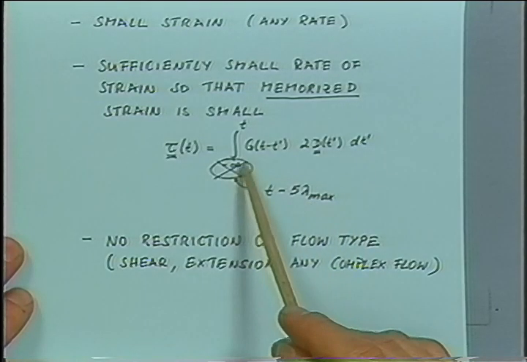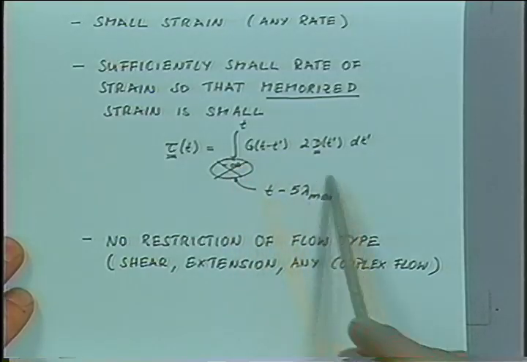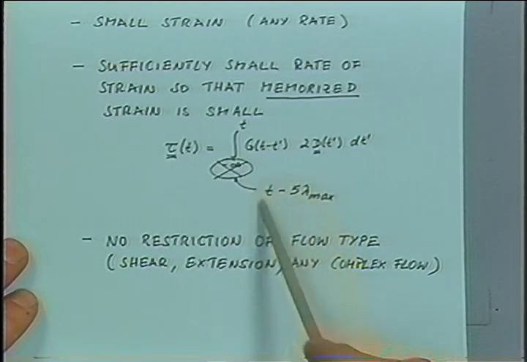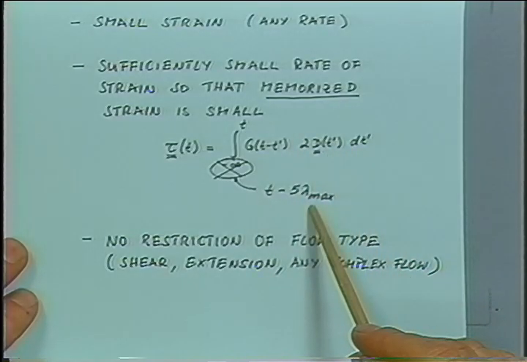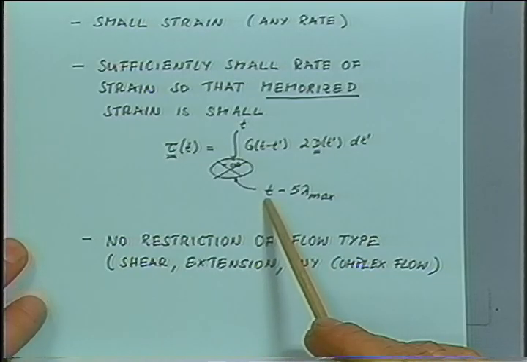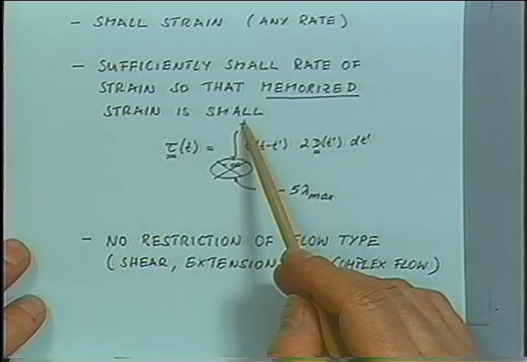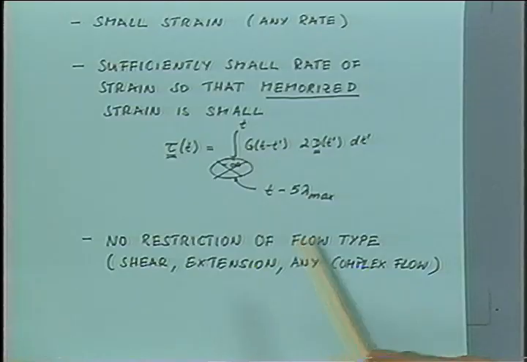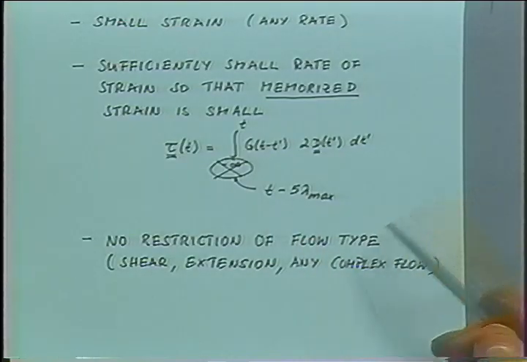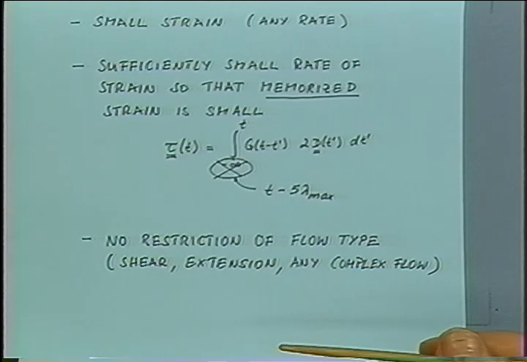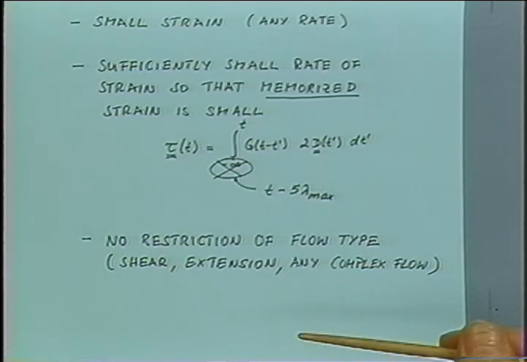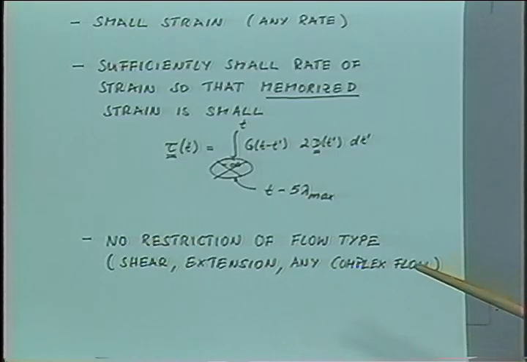So if you replace the lower limit with this, and then calculate how much strain you get during that interval from t minus 5 lambda max to t, what's the total strain in that? If that total strain is small, then the memorized strain is small, and everything is following linear viscoelasticity. So that's why you can have experiments with infinitely large strains and still apply linear viscoelasticity, apply Boltzmann's equation, because the memorized strain is very, very small.